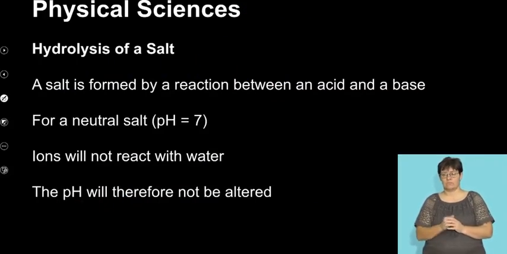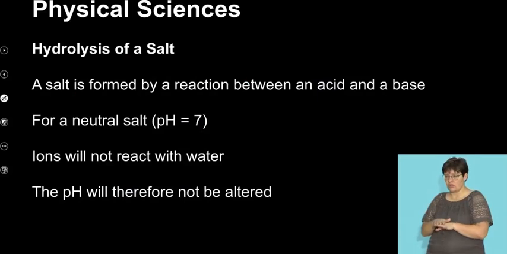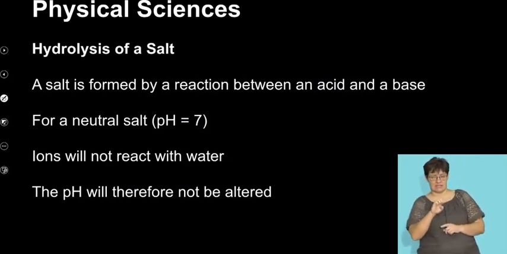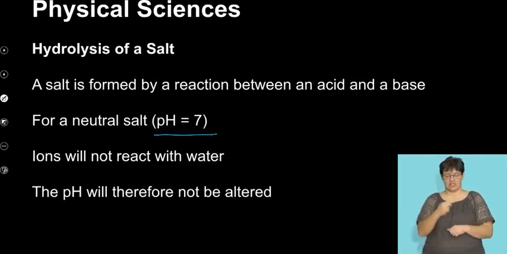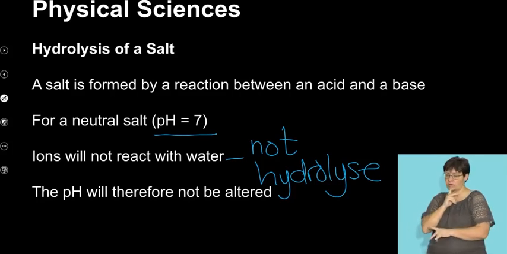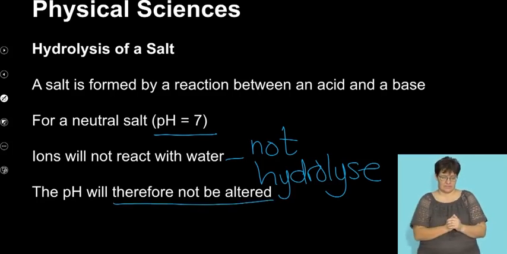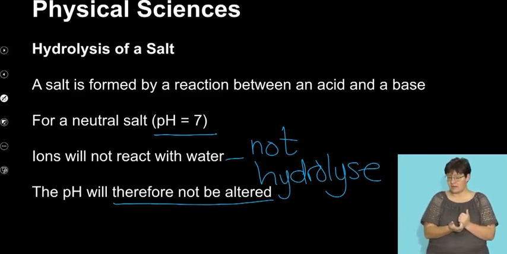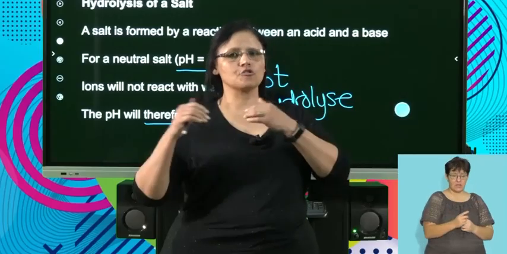A salt formed by a reaction between an acid and a base, we know for a neutral salt with a pH of 7, the ions will not react with water, and we then say it will not hydrolyze, meaning it will not react with water, and the pH will therefore not be altered. That only happens when we have a strong acid reacting with a strong base.